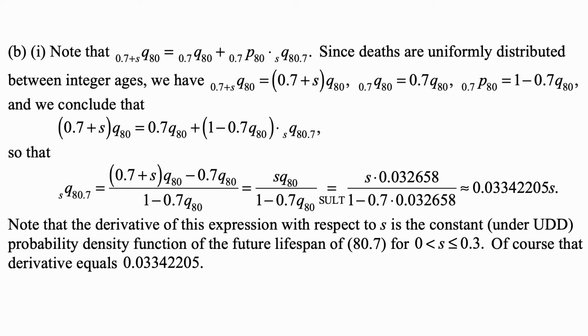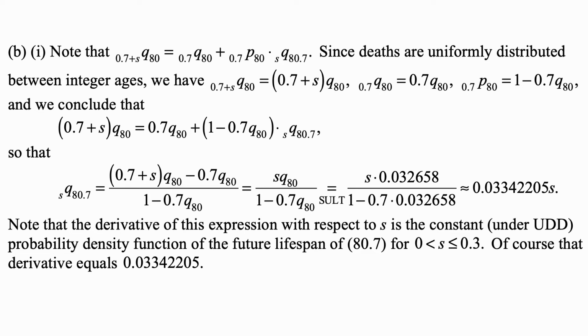Since deaths are uniformly distributed between integer ages, we have 0.7 plus s q 80 is equal to 0.7 plus s times q 80, and 0.7 q 80 is equal to 0.7 times q 80, and 0.7 p 80 is equal to 1 minus 0.7 q 80.